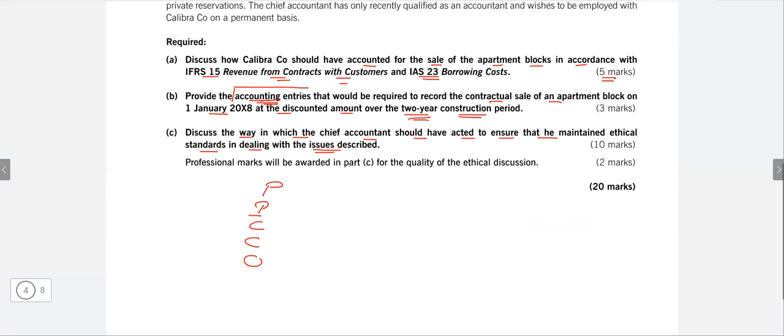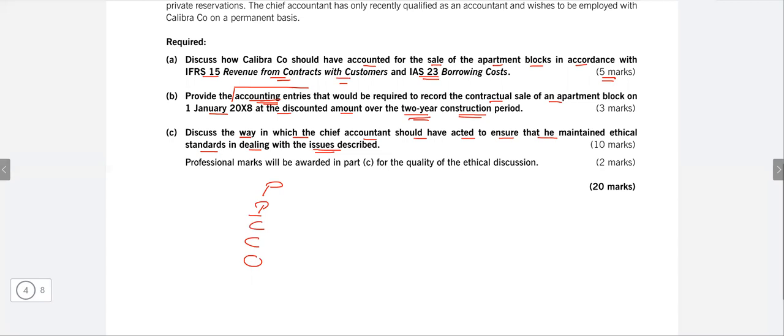Competence and due care is maintaining skills and knowledge to provide professional services. For example, if you are not aware of anything, you should not get involved in those things, or first get the skills and then get yourself involved. Confidentiality is not to disclose information without prior permission, and objectivity is to be unbiased, impartial, and not allow the influence of others on your professional judgment and decisions.